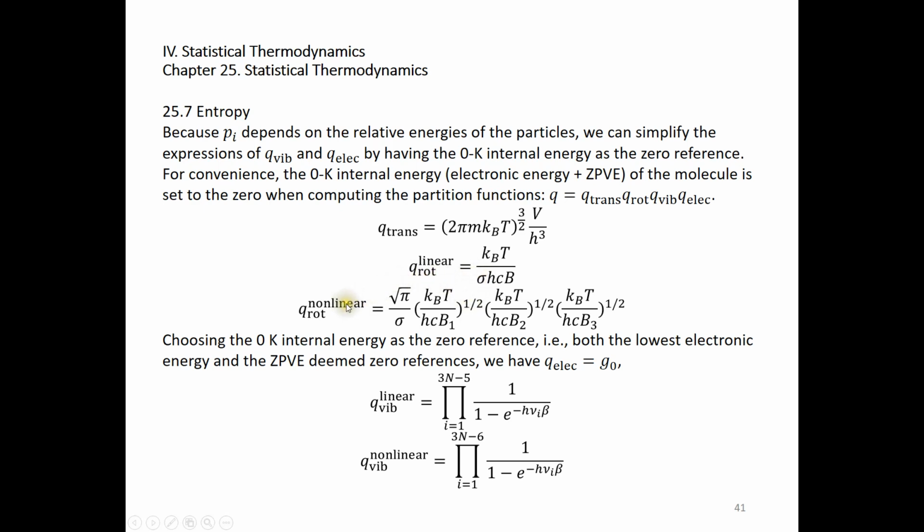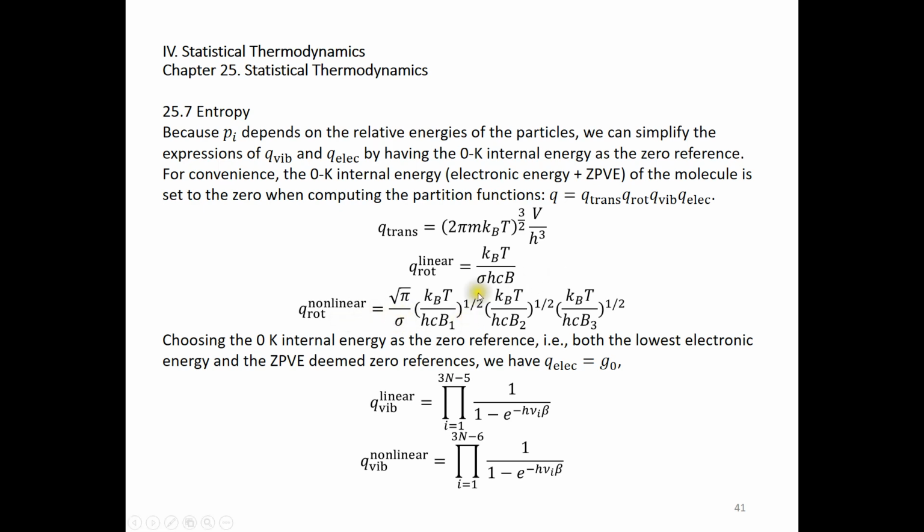What if we have nonlinear molecules? Well, then we have 3 different rotational constants, B1, B2, and B3. The rotational partition function for a nonlinear molecule is the square root of pi over sigma. Again, sigma is the symmetry factor.